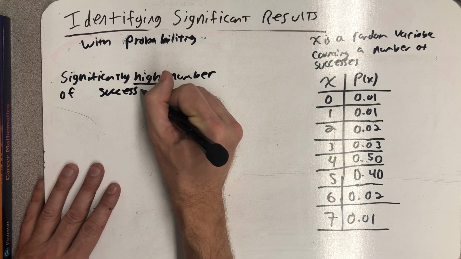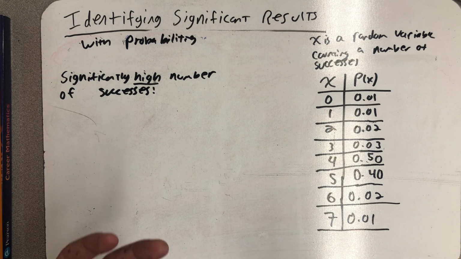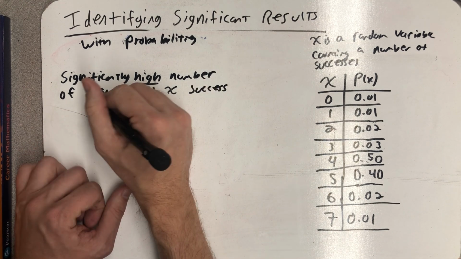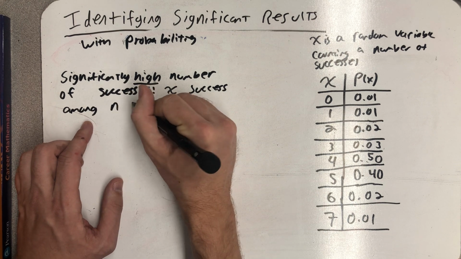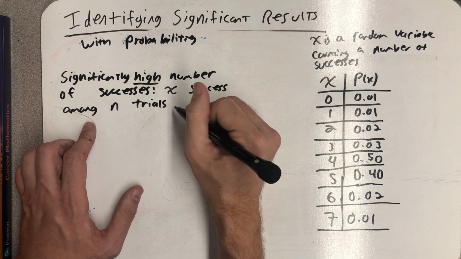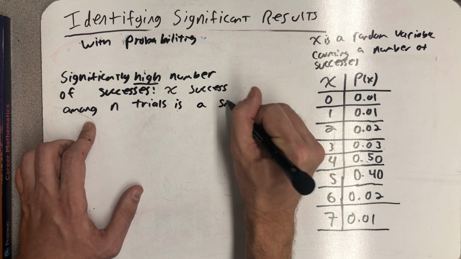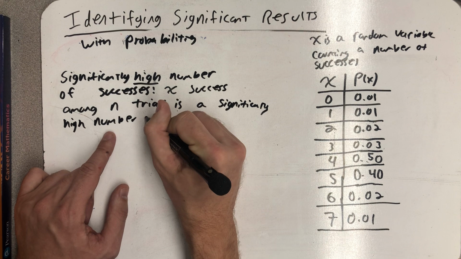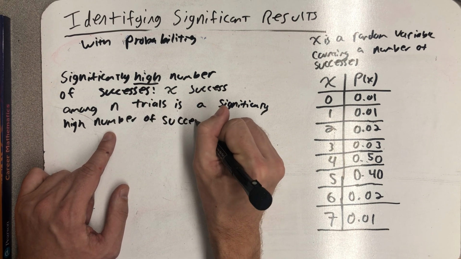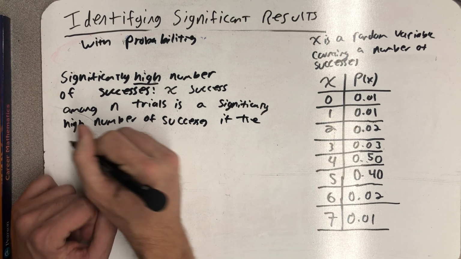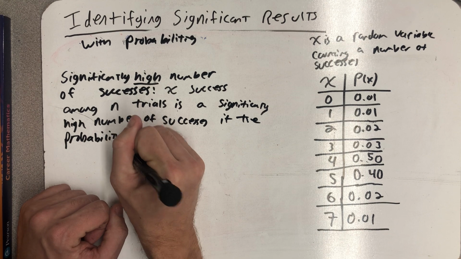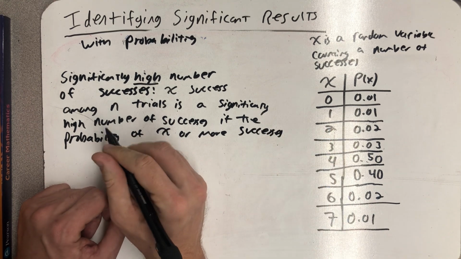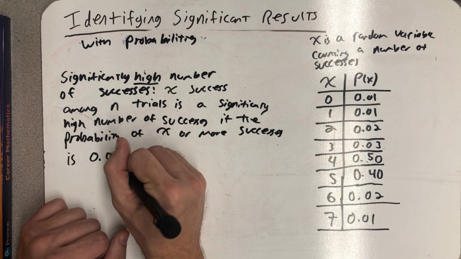So, a significantly high number of successes is defined this way: x successes among n trials is a significantly high number of successes if the probability of x or more successes is 0.05 or less.